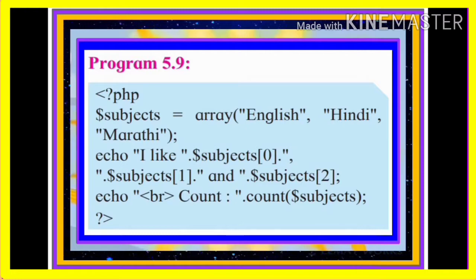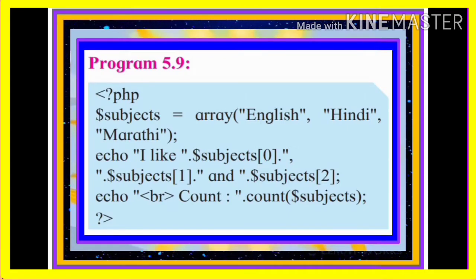Write echo space, in double quote write I like, double quote complete, dot $subjects in square bracket write 0, dot double quote complete comma, start double quote, dot $subjects in square bracket write 1, dot double quote complete and start double quote comma, $subjects in square bracket write 2, semicolon.